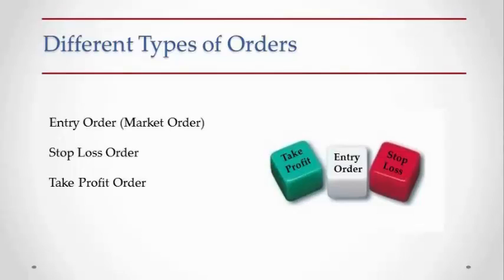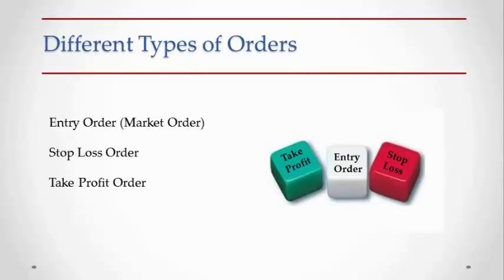It's perhaps the most important order in Forex trading since it gives you the ability to control your risk and limit your losses. And then we have the take profit order. A take profit order is an effective way to close out a profitable trade once it reaches a certain level of profit. So that is just a quick overview of the three different types of orders.